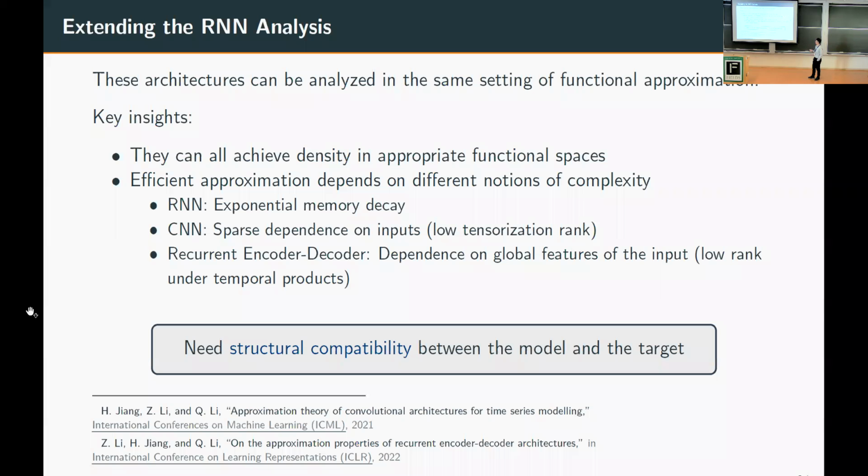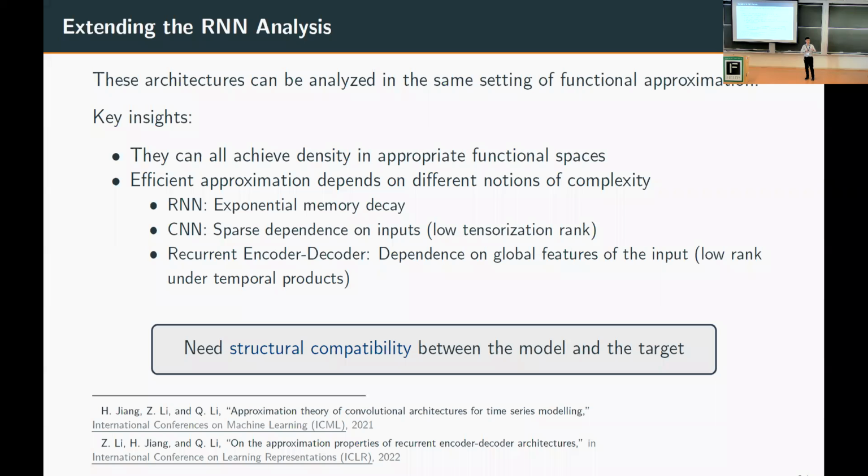So what is punchline here is that, in fact, if you look at all of these properties, so these properties are those functionals that are easy to approximate using our method, our architecture. These properties are precisely properties of these architectures themselves. So a stable recurrent neural network has exponentially fading memory, and the convolutional network has sparse dependence on inputs, and the recurrent encoder-decoder has this global dependence features because they are all summarized into a small feature vector and then decoded, right?